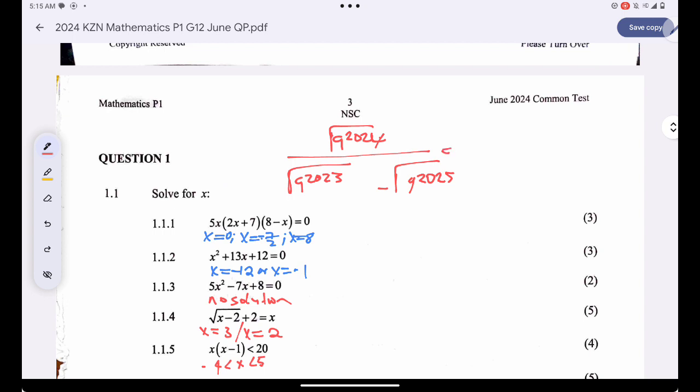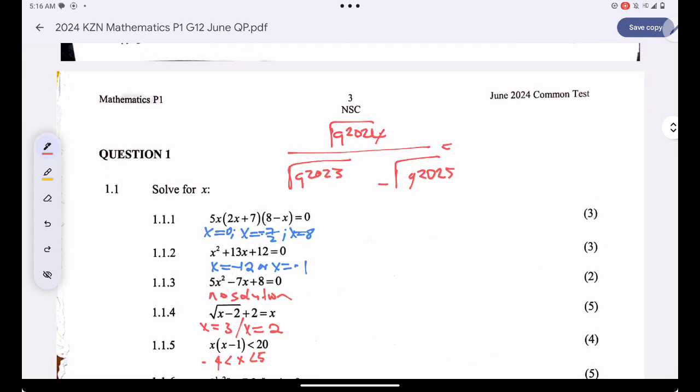The first thing I need to do here, guys, is to check which value has the smallest exponent, right? And then I must try to change each and every term to have the same smaller exponent. Are you together? 2023 is the smaller exponent among the three. So that means I must change the others to 2023, right?